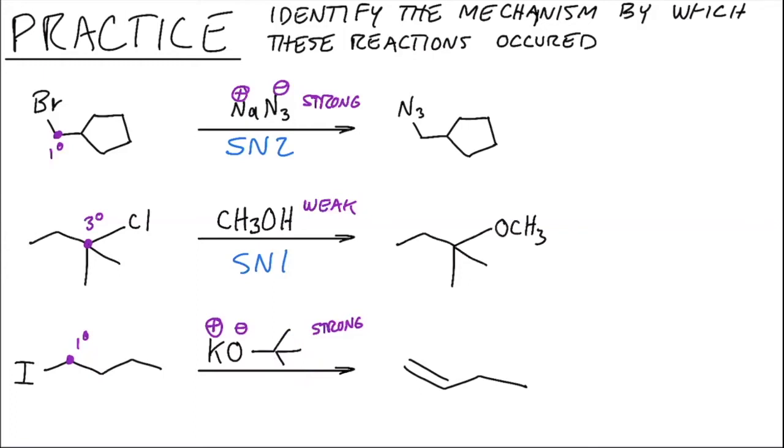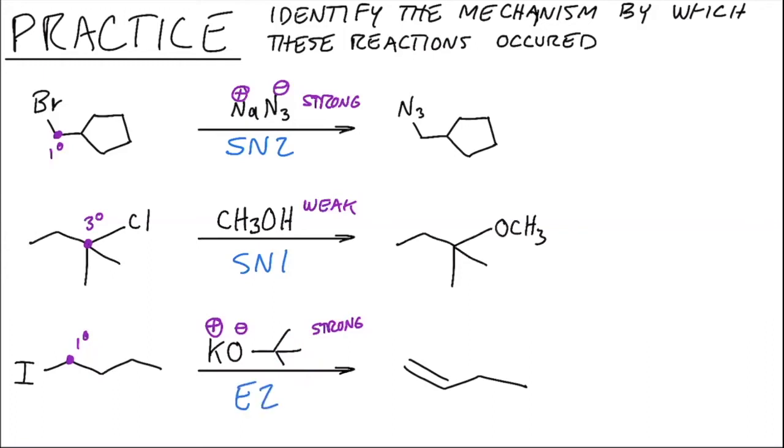So the bulkiness of this and the fact that we've created an alkene as our product tells us that we should think about this as an elimination reaction. And because we're in that strong, or bimolecular, category, this has got to be an E2 elimination.